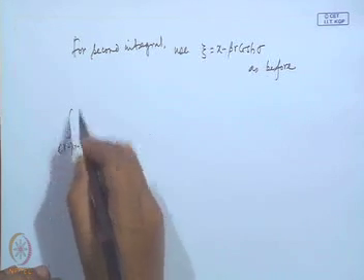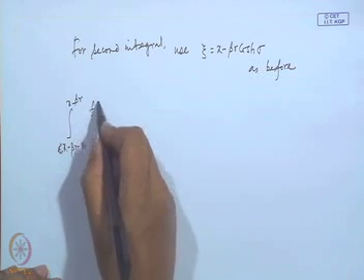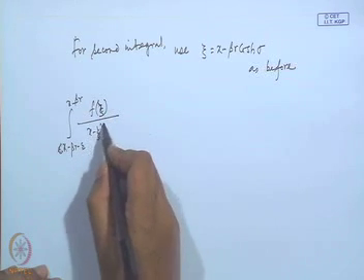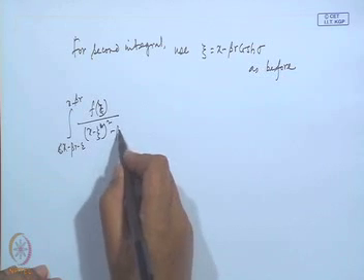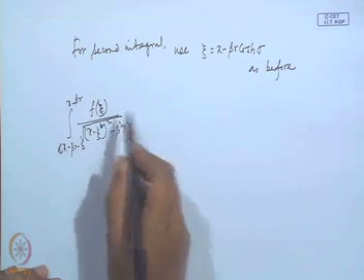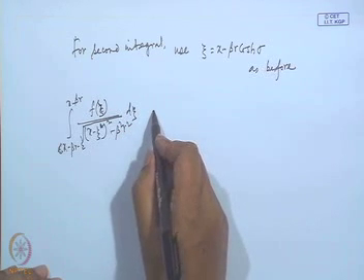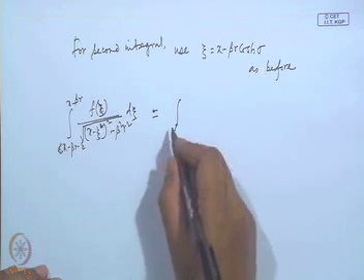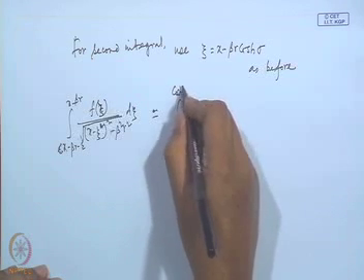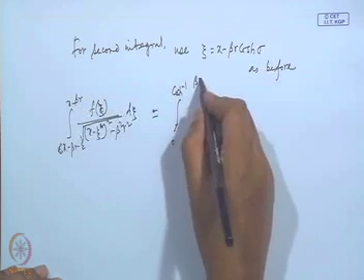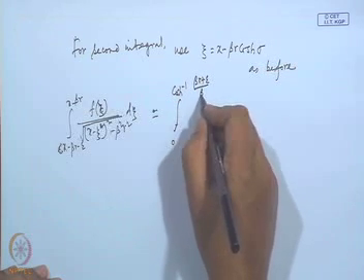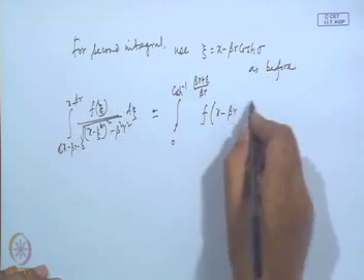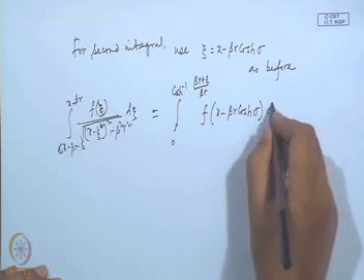x minus beta r minus epsilon to x minus beta r, sorry, f of xi, cosh inverse of (beta r plus epsilon) by beta r, equal to a function of x minus beta r cosh sigma d sigma.